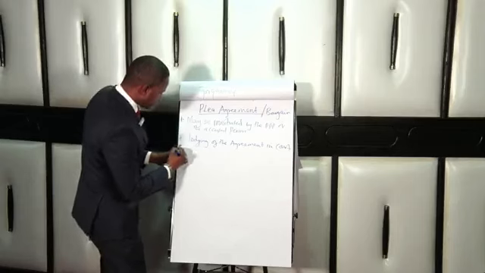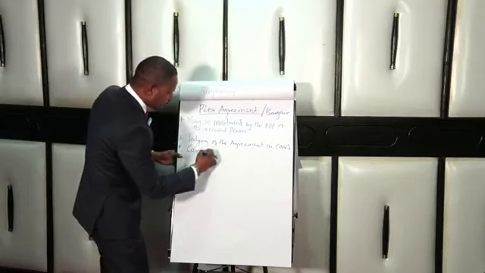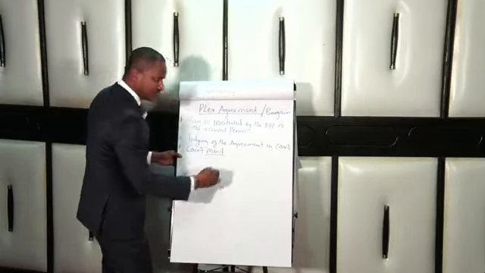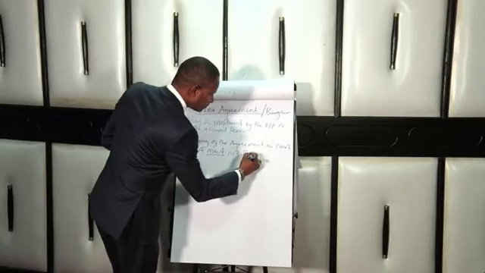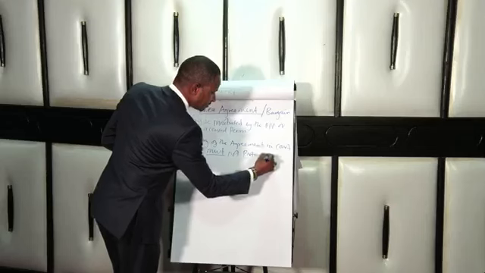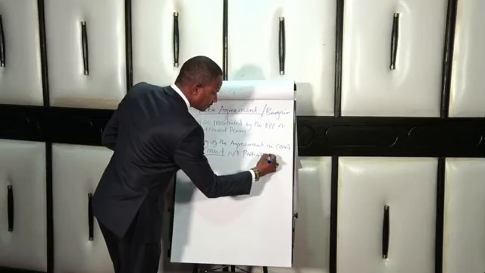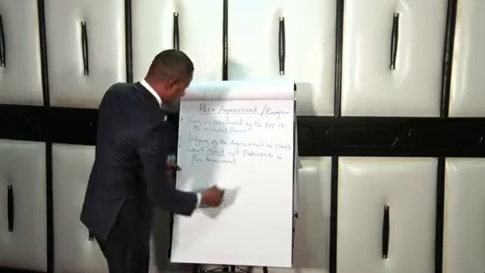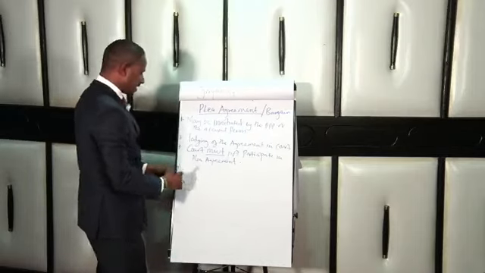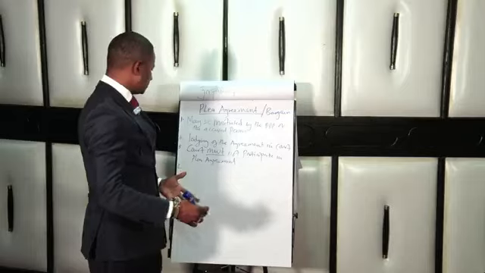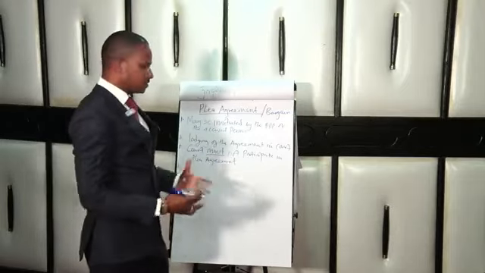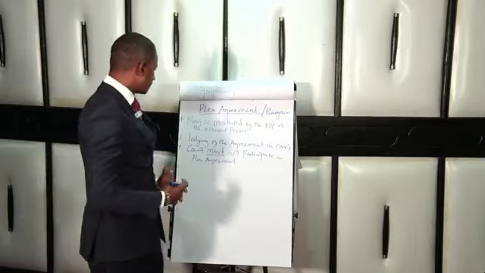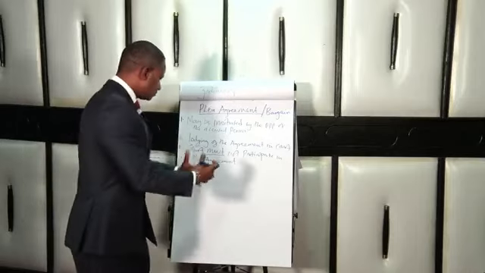Number three, that the court must, mandatory, shall not participate in plea agreement. By participate I mean that I get involved and call the accused and the DPP or the victim or the complainant to agree on something.